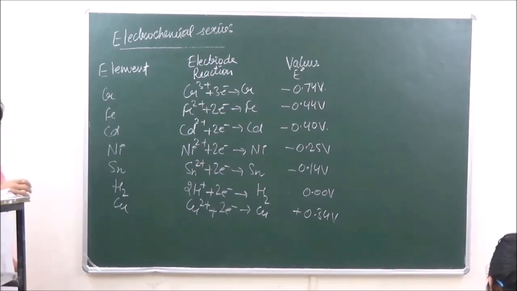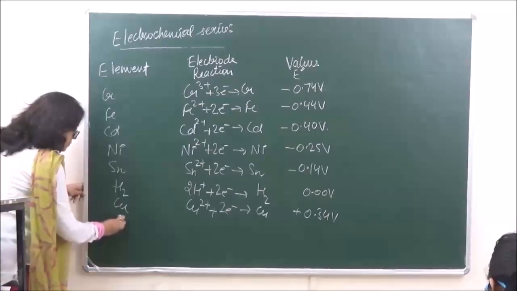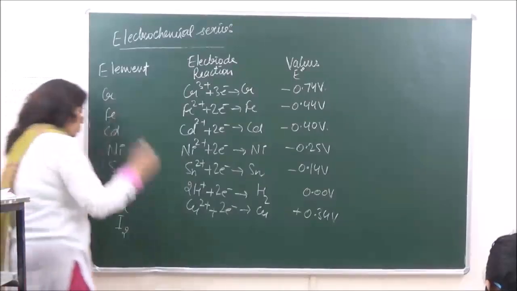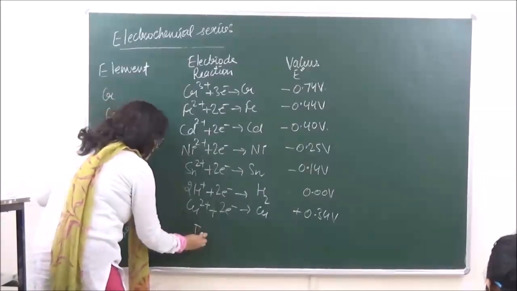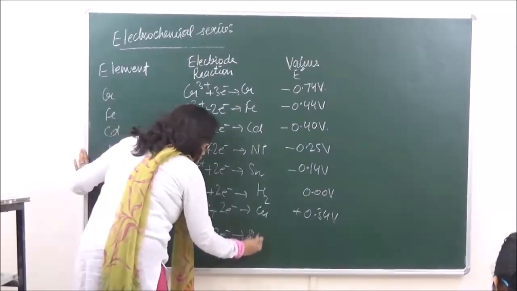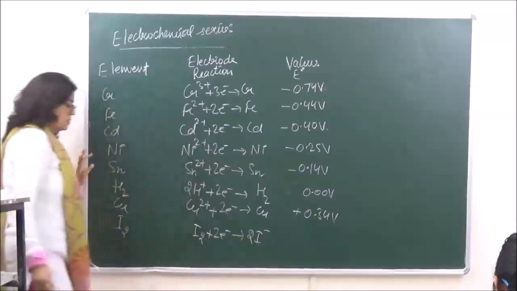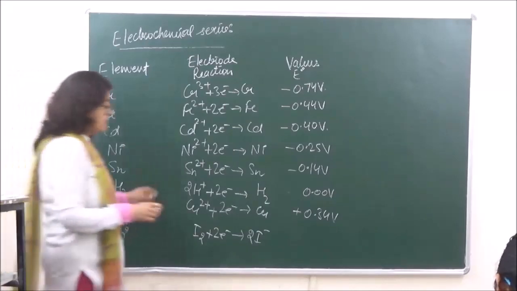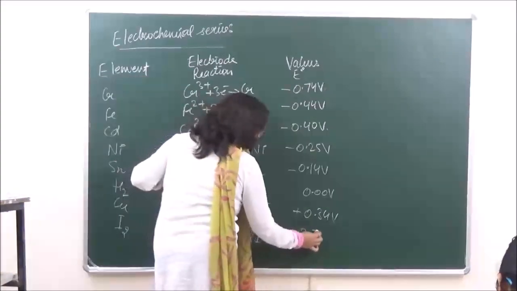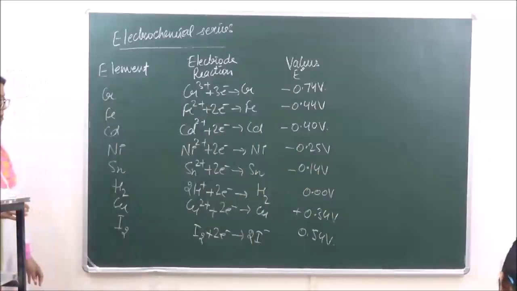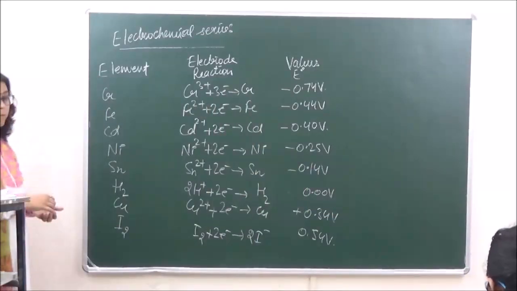After copper is iodine. I2 plus 2 electrons to give 2I-, and the value over here is 0.54 volts, right? So this is also a positive value.